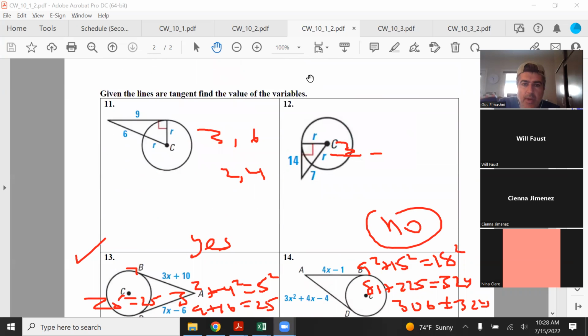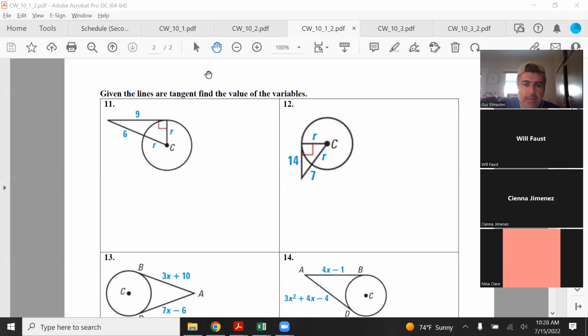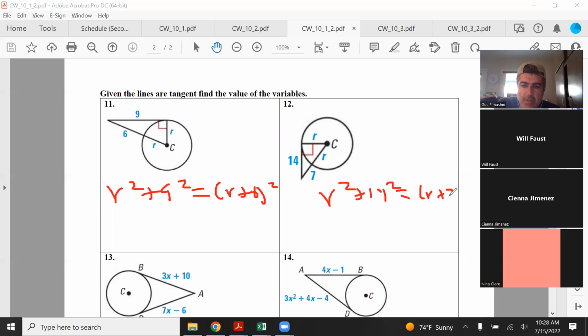For 11 and 12, you're going to set up this r squared plus 9 squared equals r plus 6 squared. And you do likewise over here, r squared plus 14 squared equals r plus 7 squared. And work those out.